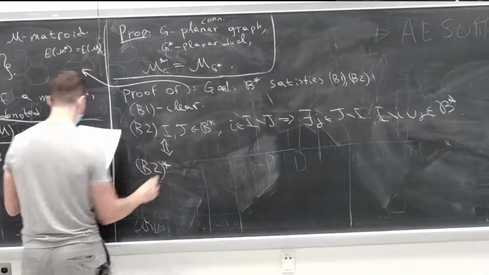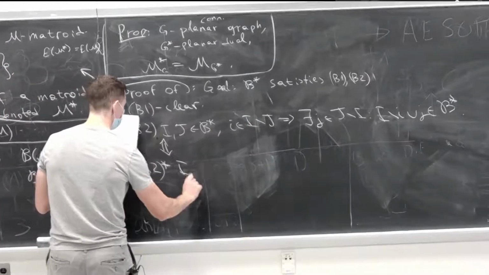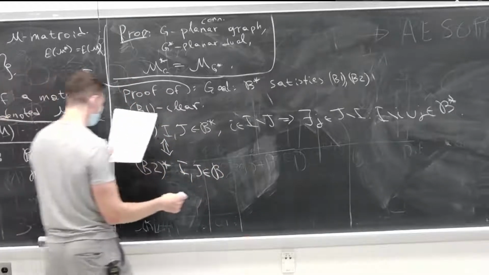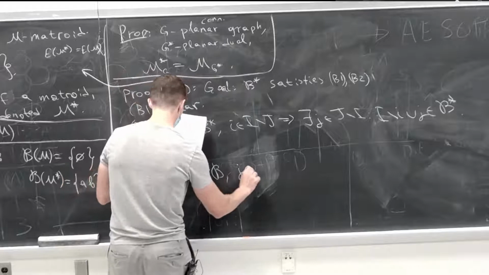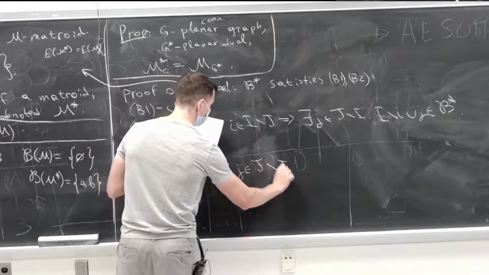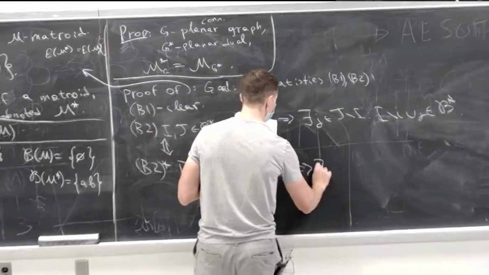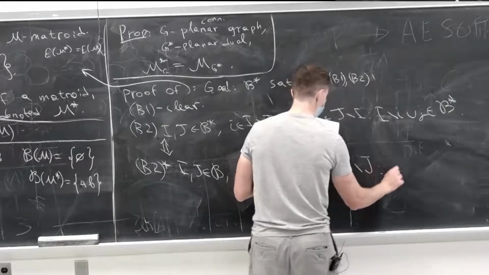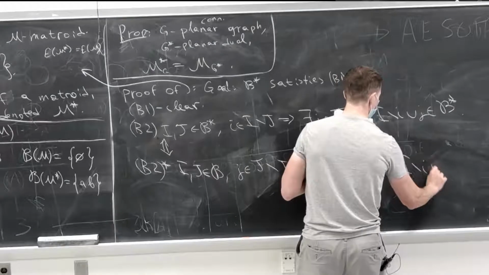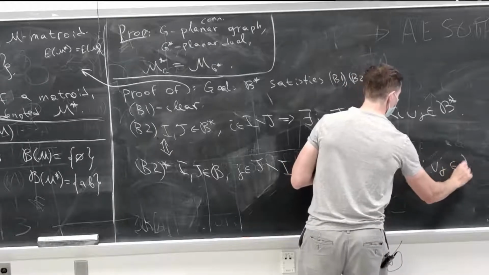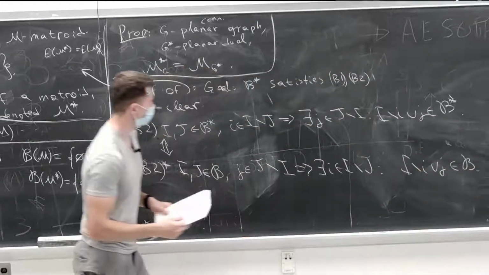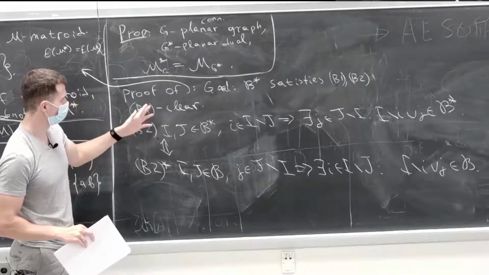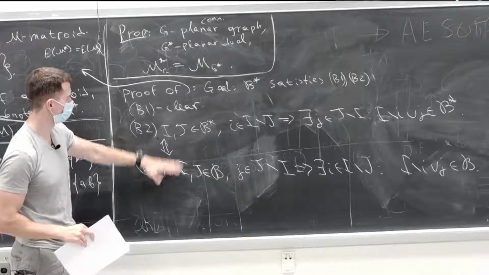B2 star. If you have I and J in B, where here I've replaced I and J with the complements, and if j is in J minus I, then there exists i in I minus J such that I minus i union j is in B. So I did some replacement, and the goal was to make the two statements look very similar.